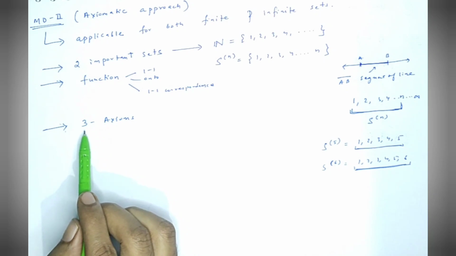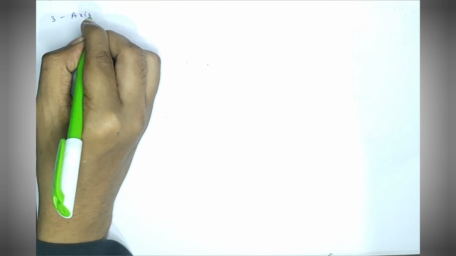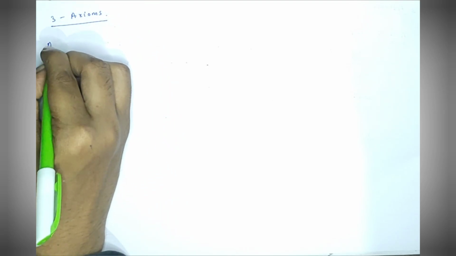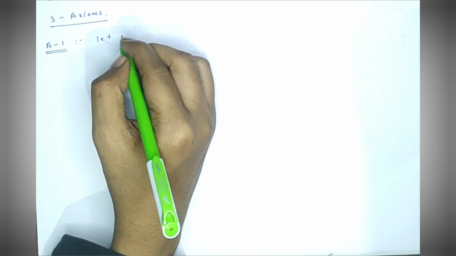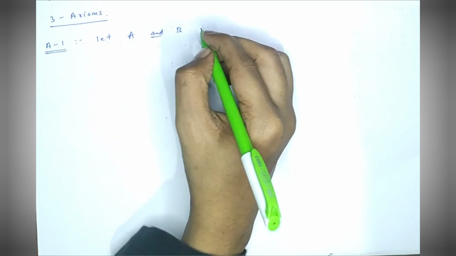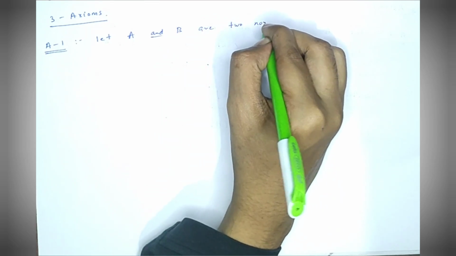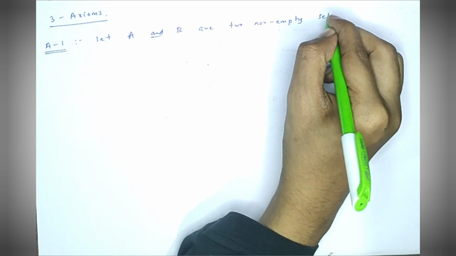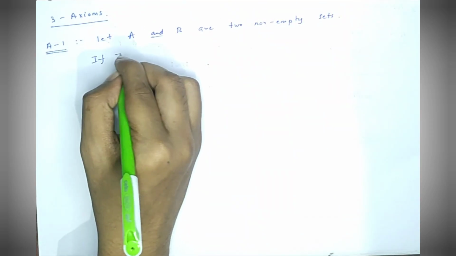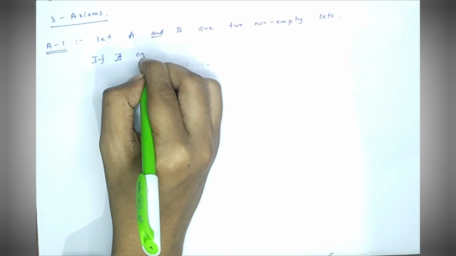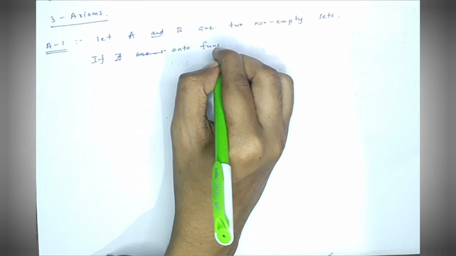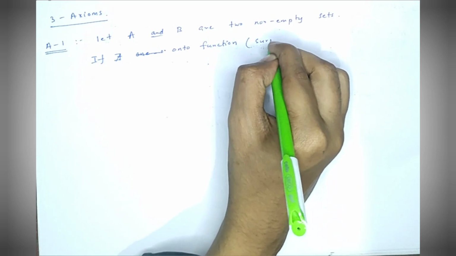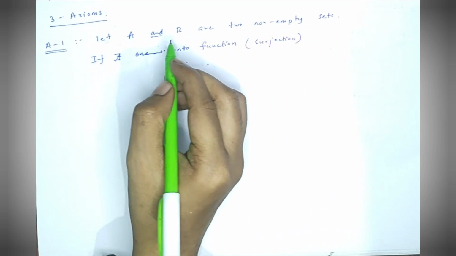Now let's discuss the three axioms. Axiom 1 states that let set A and set B be two non-empty sets.